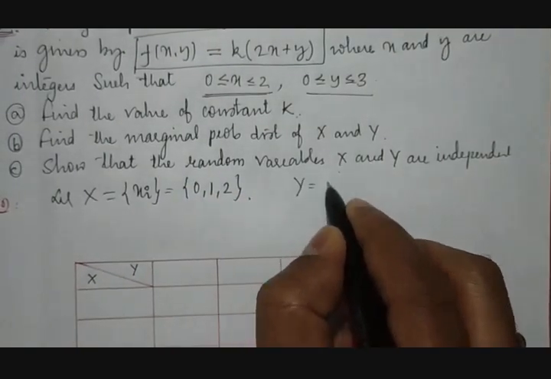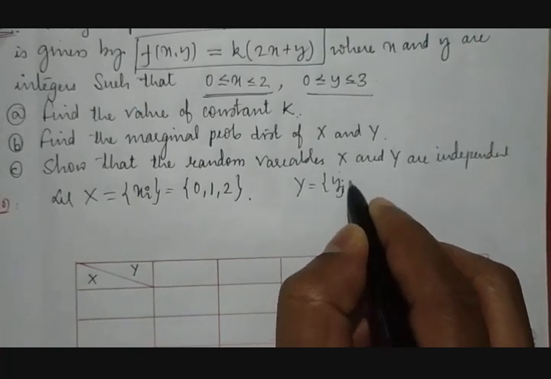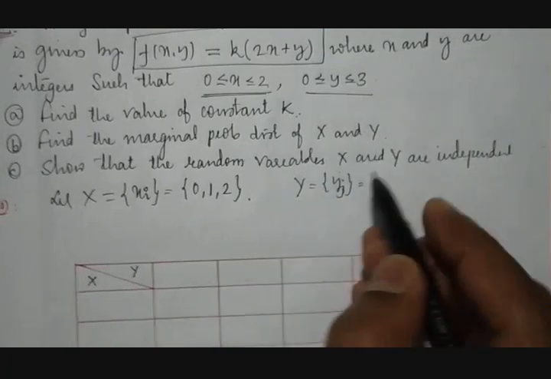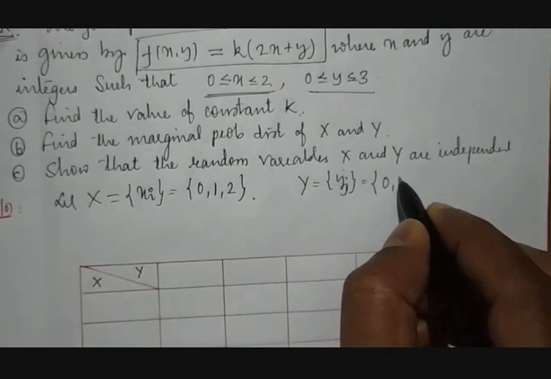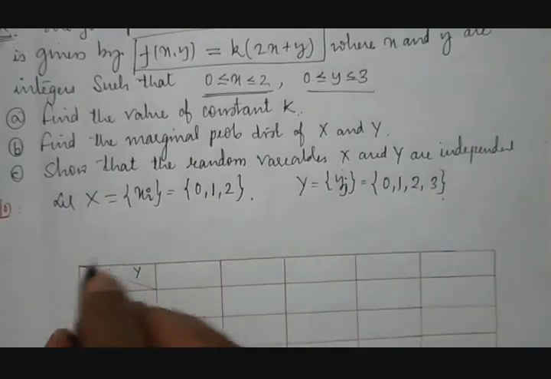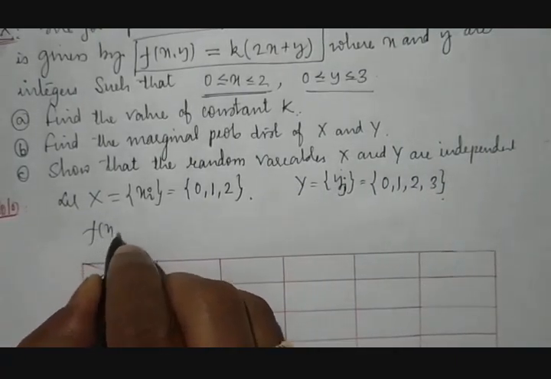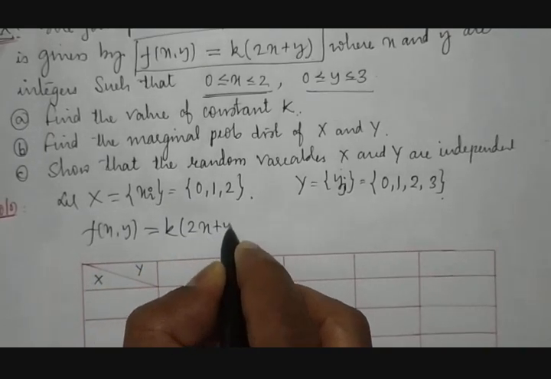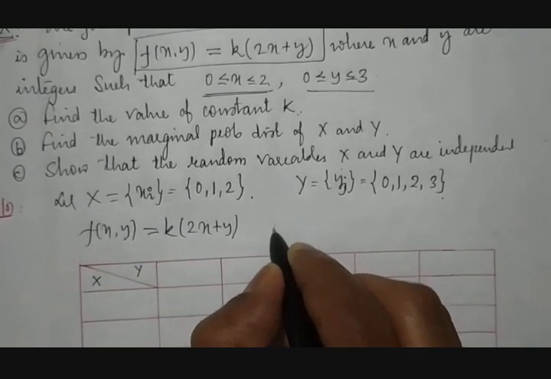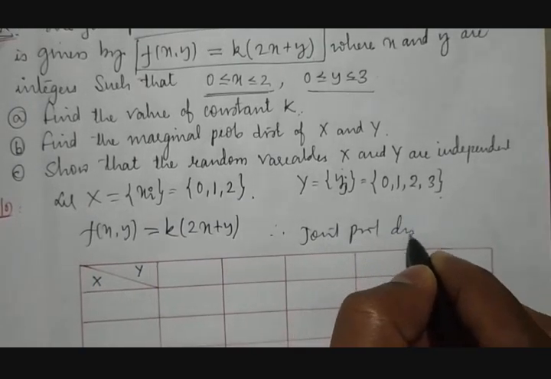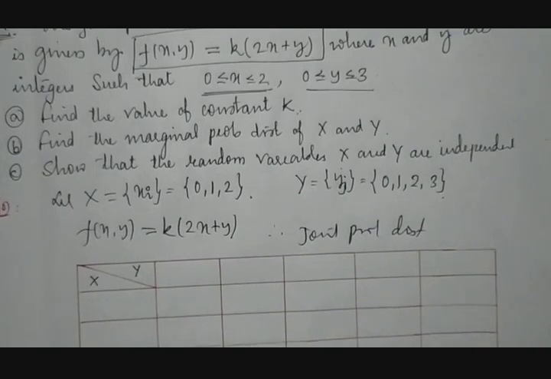And y is yj, which lies between 0 to 3, so the values are 0, 1, 2, 3. Therefore, f of x comma y is equal to k into 2x plus y. Therefore, the joint probability distribution table will be given like this.